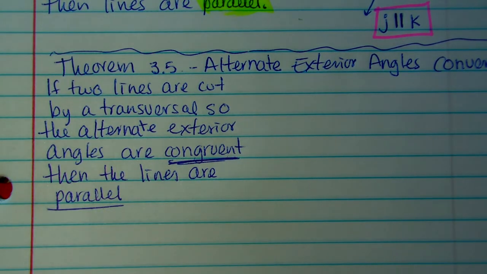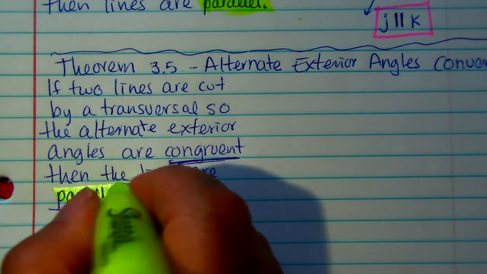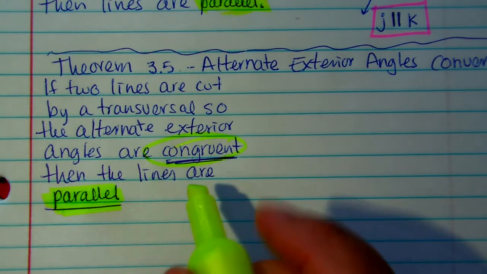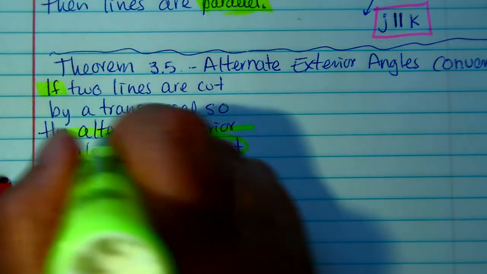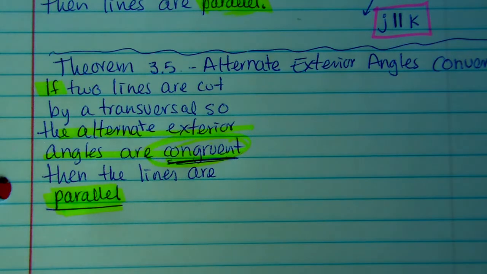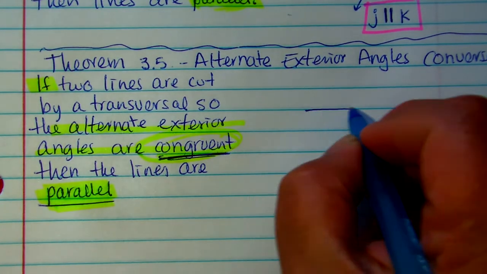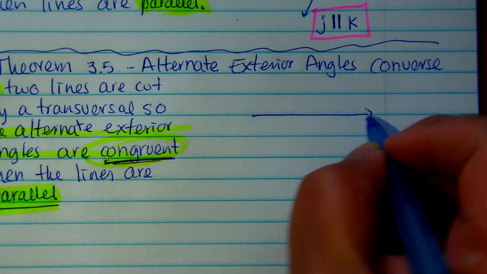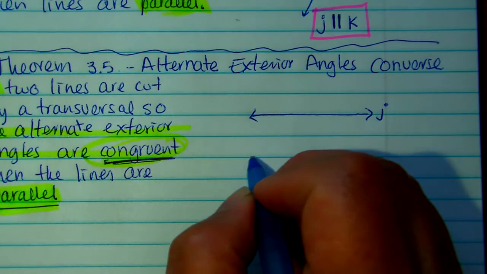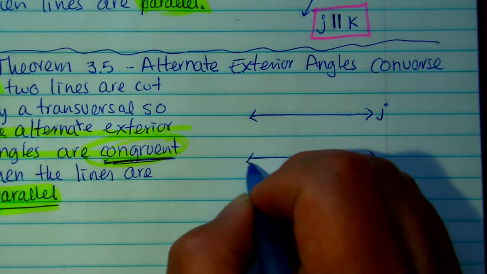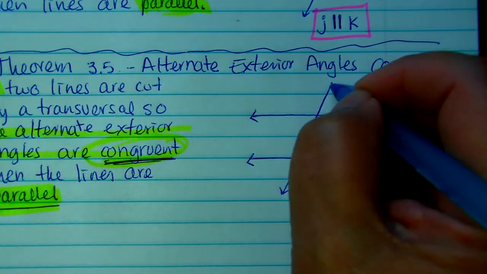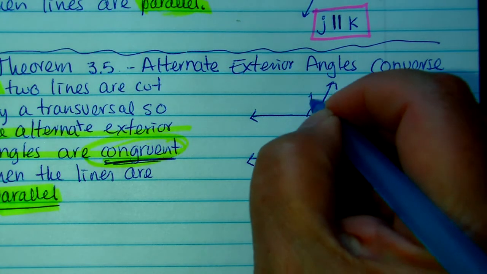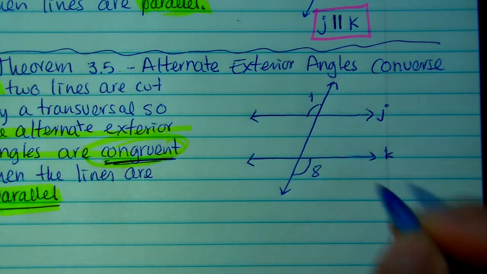Okay, so we highlight the word parallel if the alternate exterior angles are congruent. So again, we have a little line J, our little line K. This is the transversal, angle 1, angle 8.